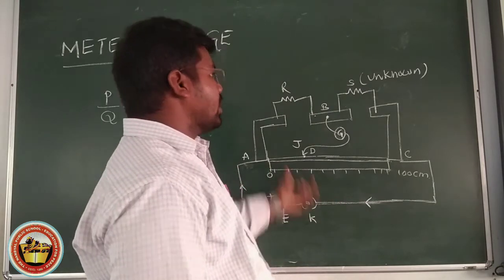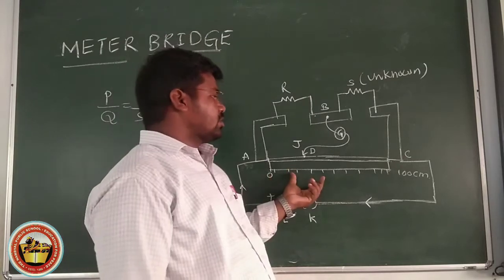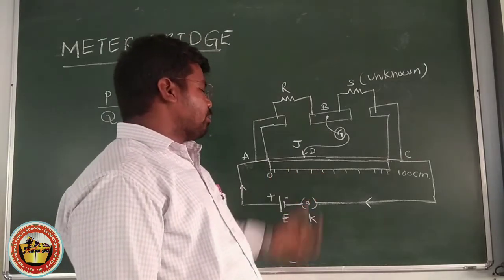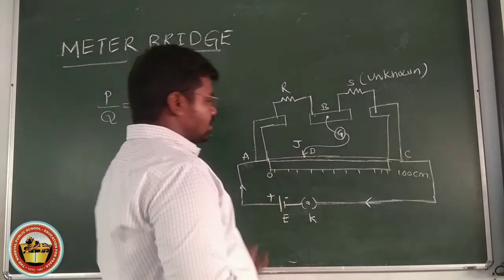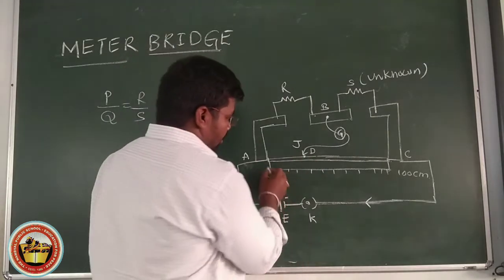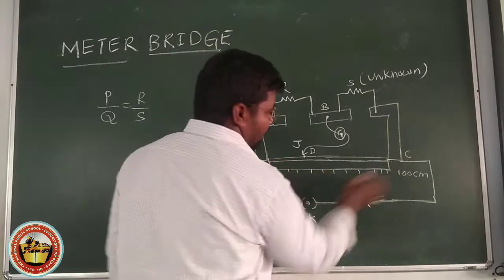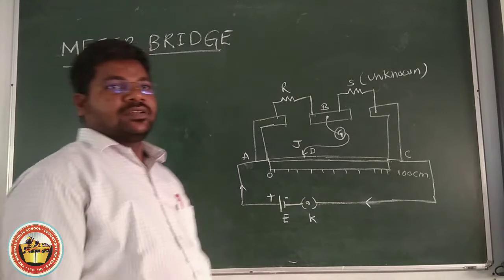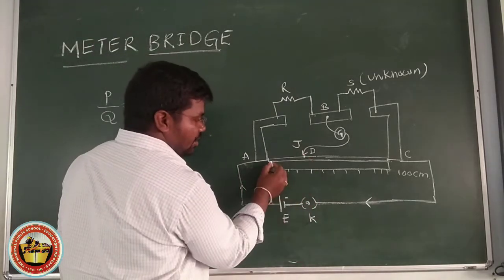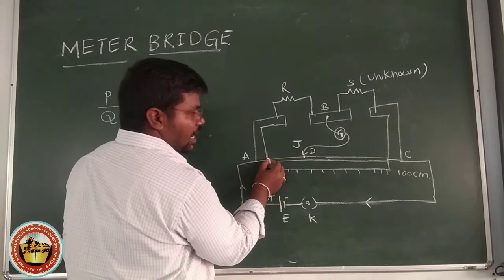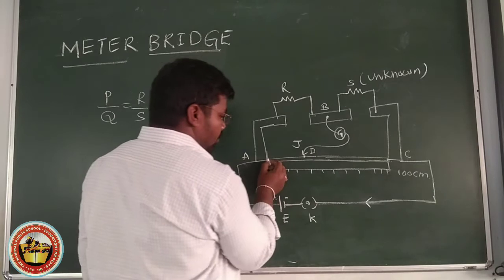To measure the unknown resistance, first we arrange this circuit. The jockey moves on the one meter wire from 0 to 100. We slide the jockey on the wire, which is 100 centimeters long.